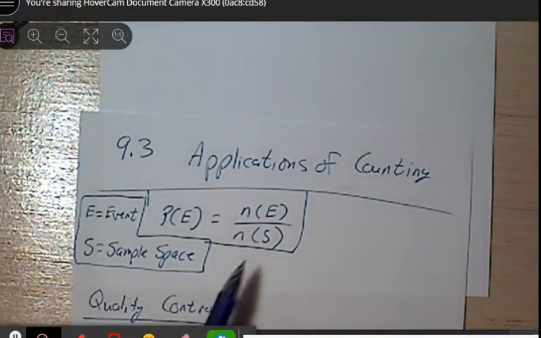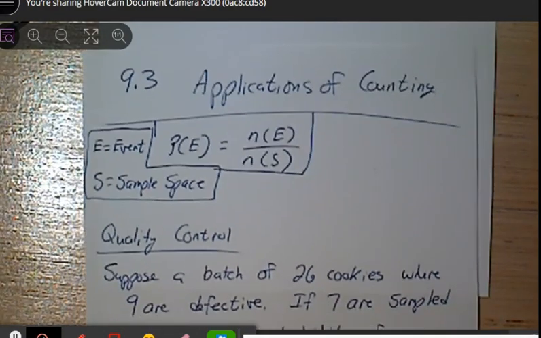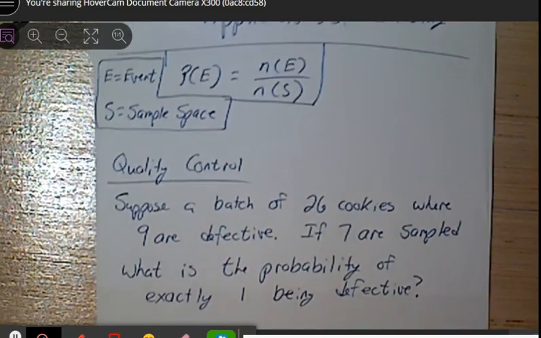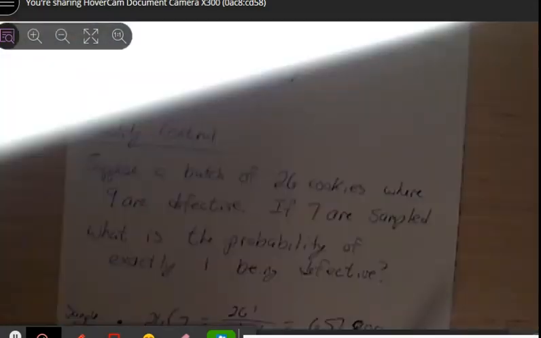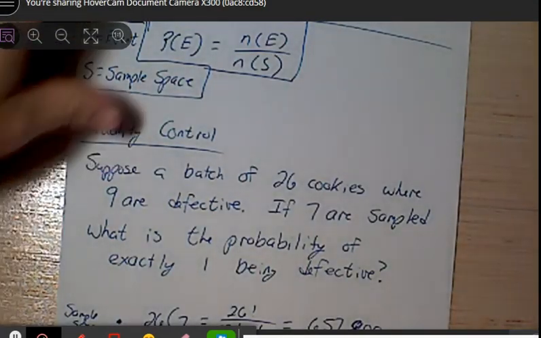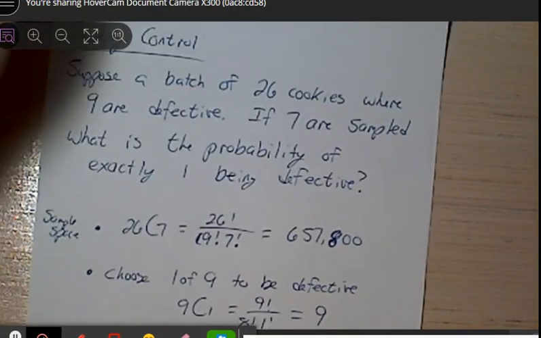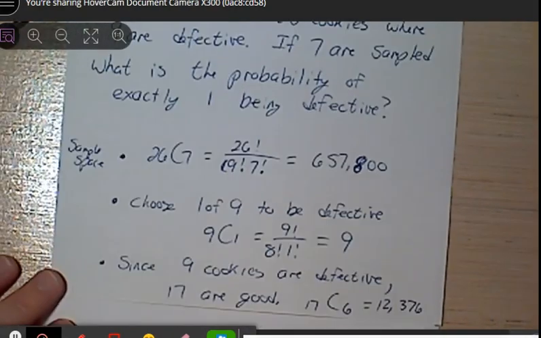Okay, so kind of going back to our formula then, we've got to have the number of the events that we're doing over the number of the sample space. Well, there's our sample space, that's the 657,800. The events that we had, in this case, we've got 2 events. This is where a lot of things are different in this section: you have 2 events.